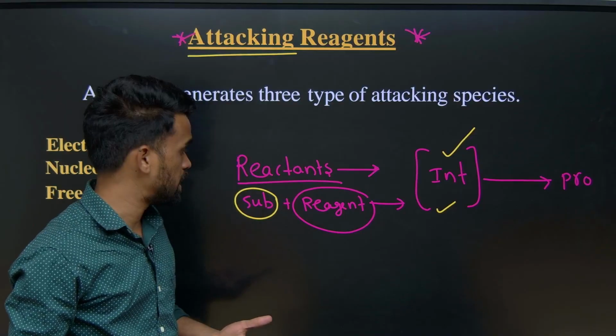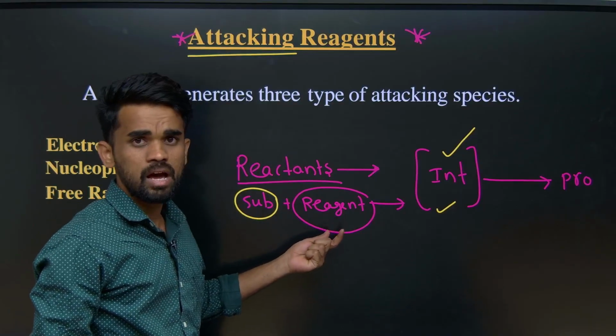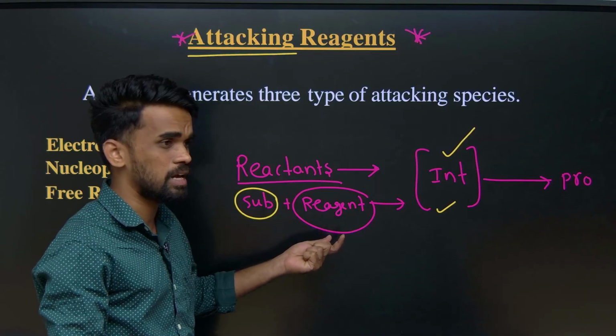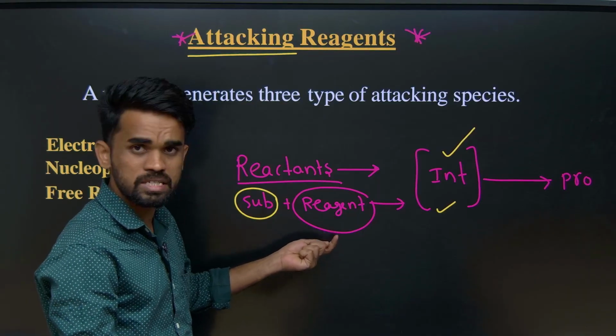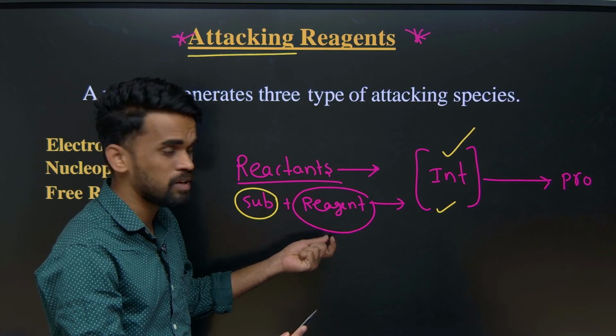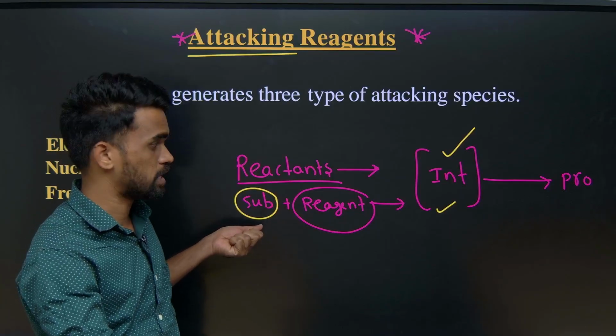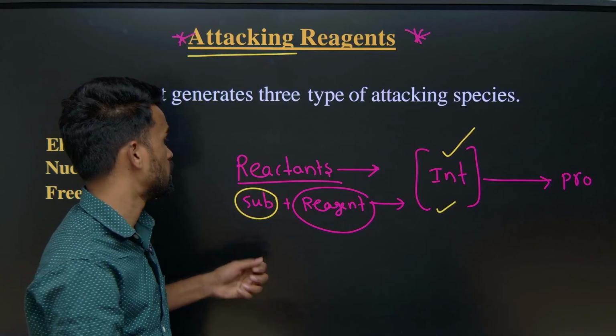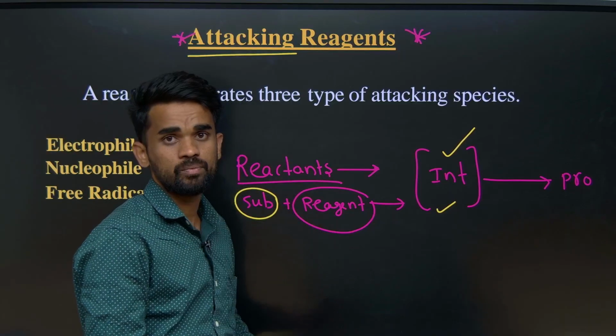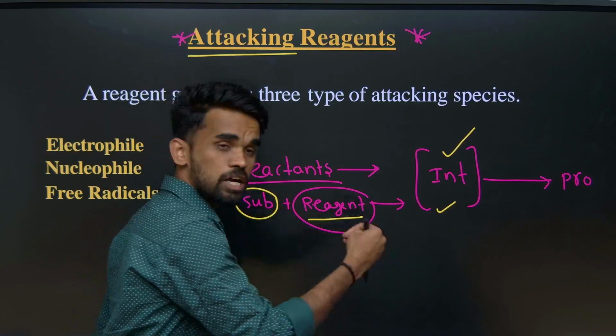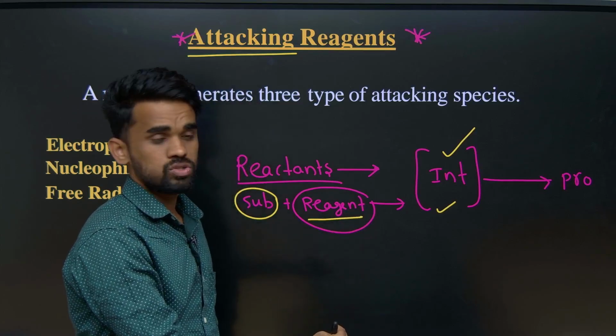Common sense says that it might be unstable, or it might be having some electron density or be electron deficient. There is some reason which is making it unstable. If it is attacking on this, it may gain some stability by forming some product, right? So maybe that kind of reasons are there. So what are the reagents we have? See, if the reagent is electron deficient, what does it require now?